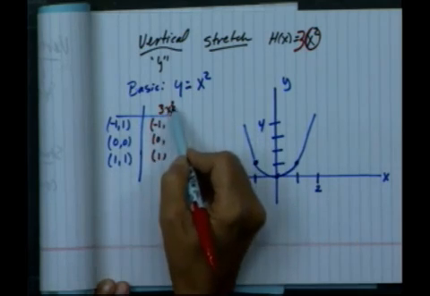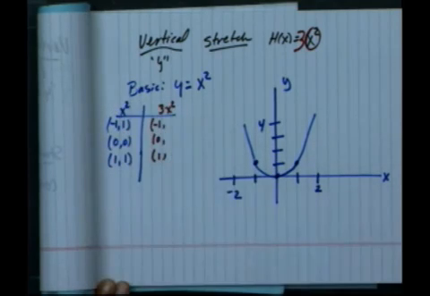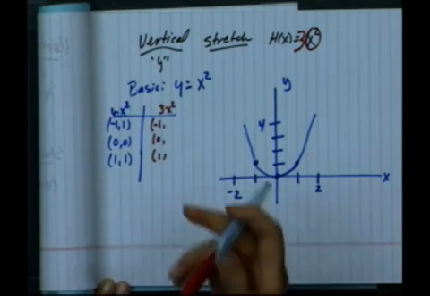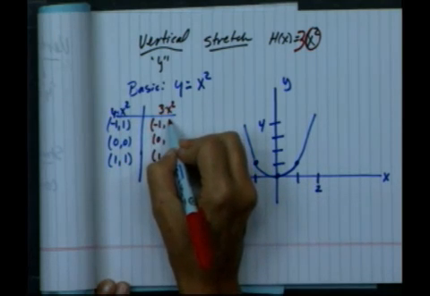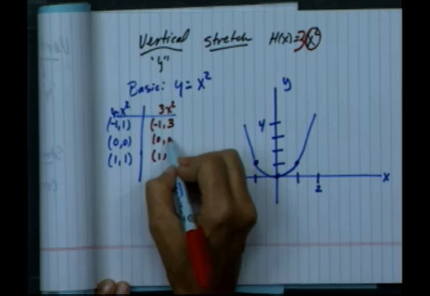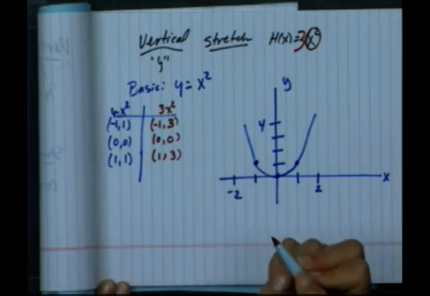And now the y values are going to be multiplied times 3. So instead of a 1, it's now going to be 3. Instead of 0, 0 times 3 is still 0. And this one is also going to be 3.